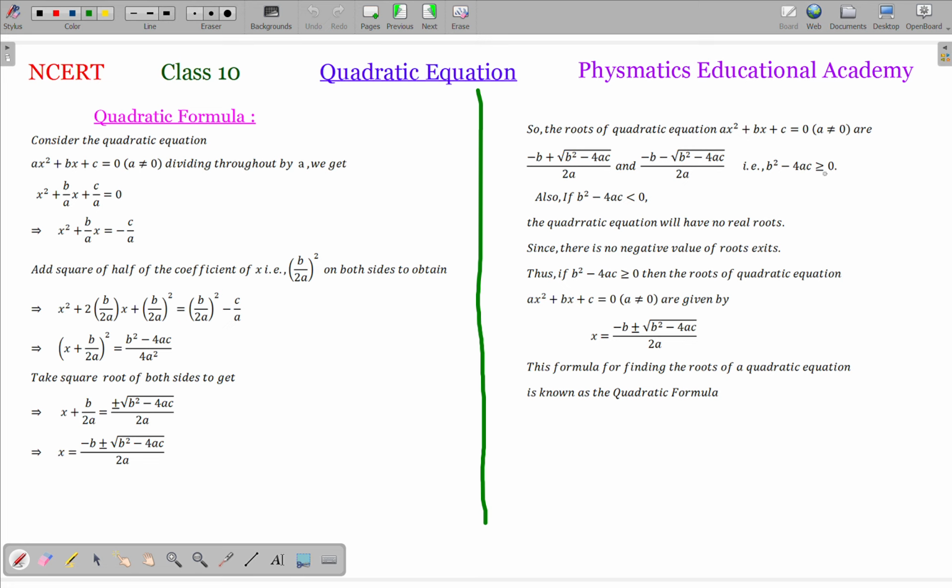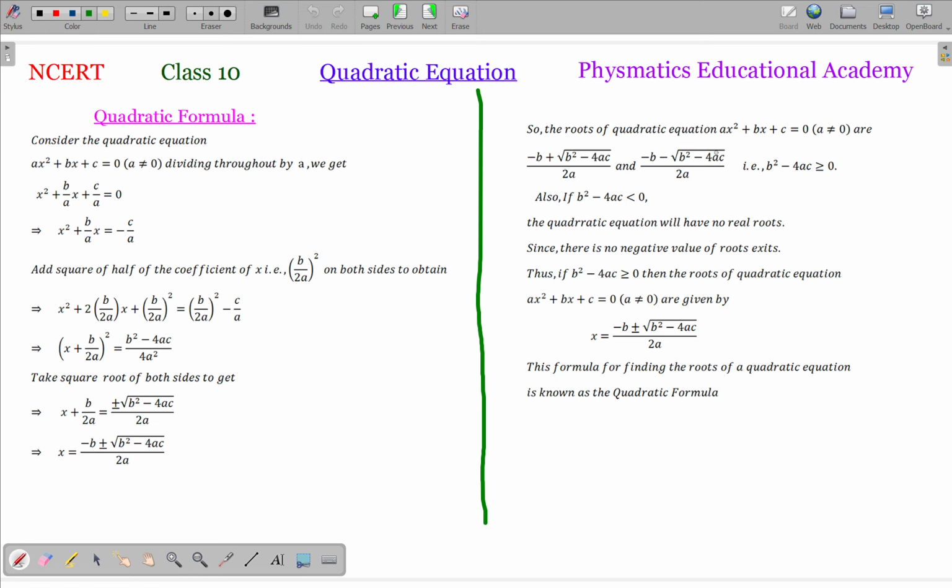If b square minus 4ac is greater than or equal to 0, then this value exists. Also, if b square minus 4ac is less than 0, the quadratic equation will have no real roots, because there is no negative value under the root; it should be a positive value.